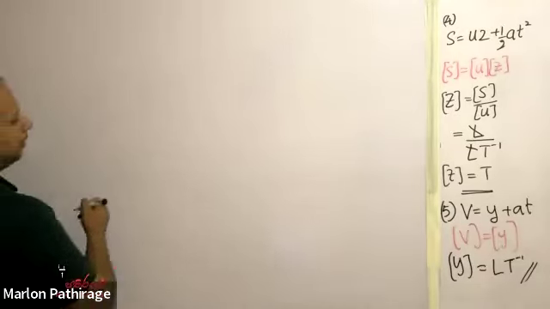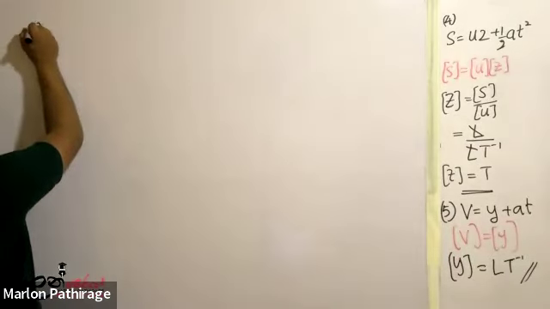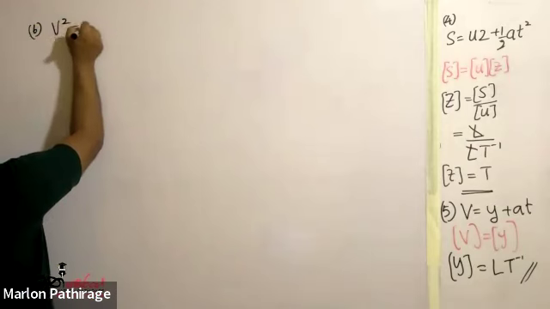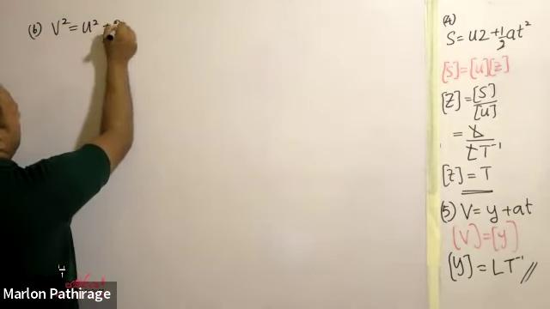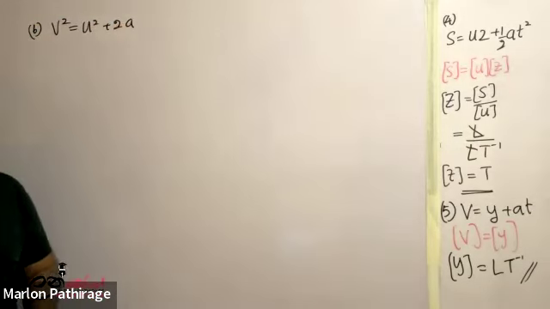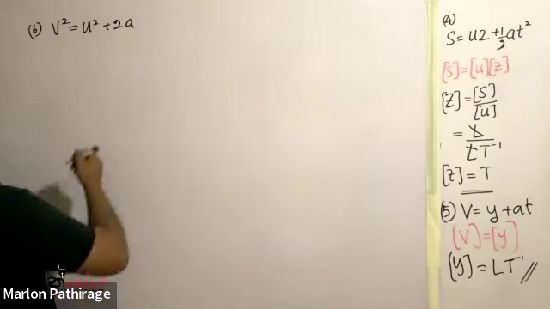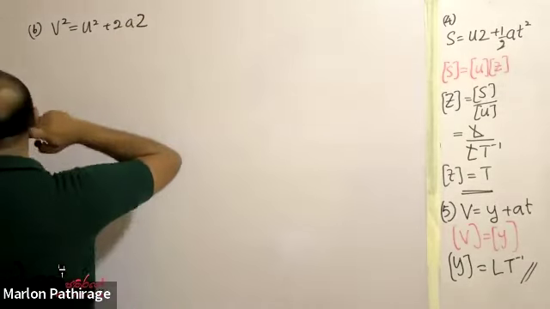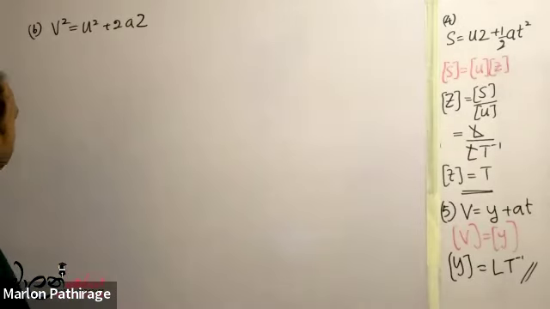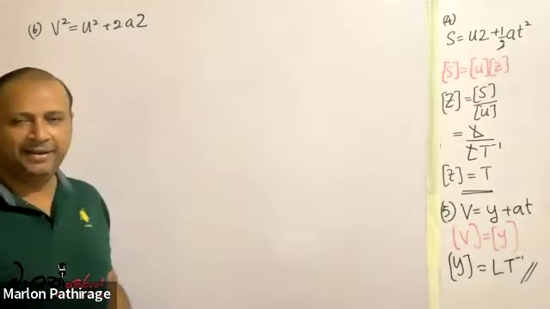Okay. The sixth one, v square is equal to u square plus 2a. Now you need to determine the unknown.